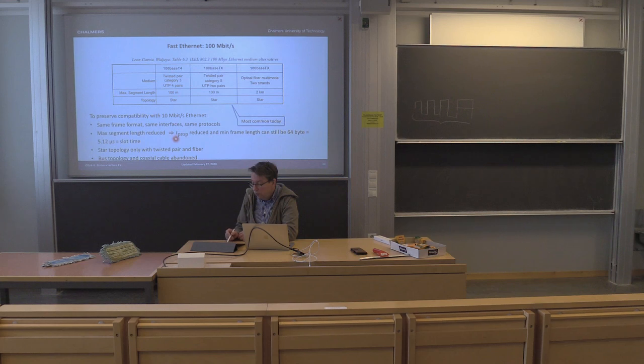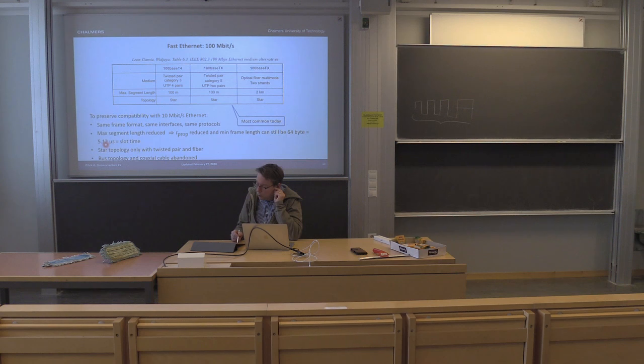Which means that we reduce the propagation delay, which means that we can keep the same minimum frame length at 64 bytes, which is 5.12 microseconds as a slot time. It's probably should be 51 microseconds here, I think.